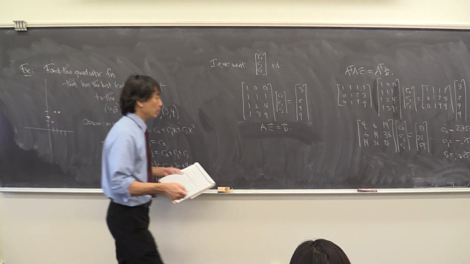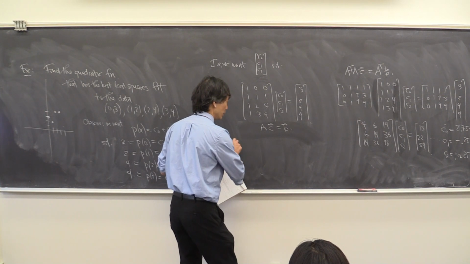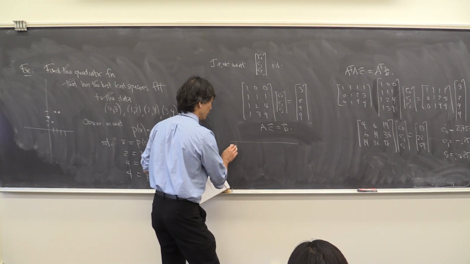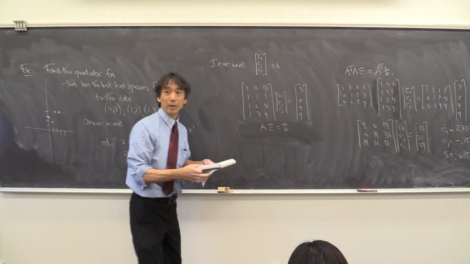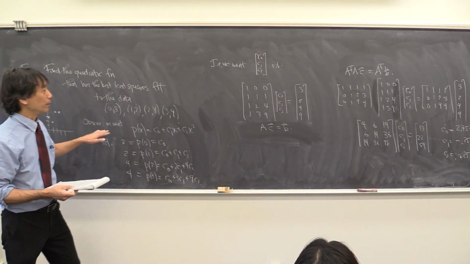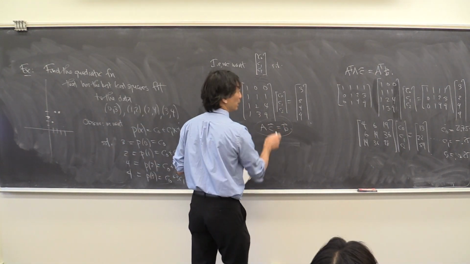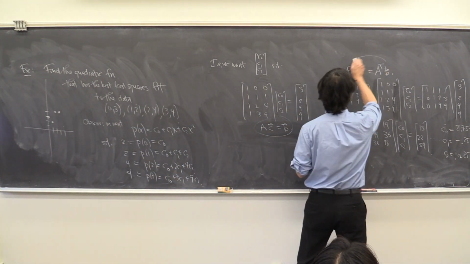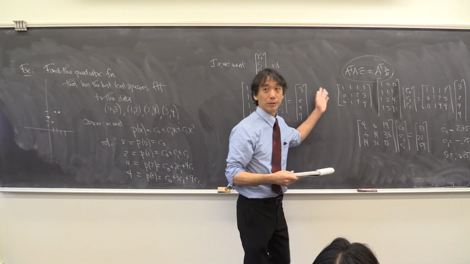Everybody see how to do it? All you do is start off with your overdetermined system, multiply by A transpose, and then solve that system.